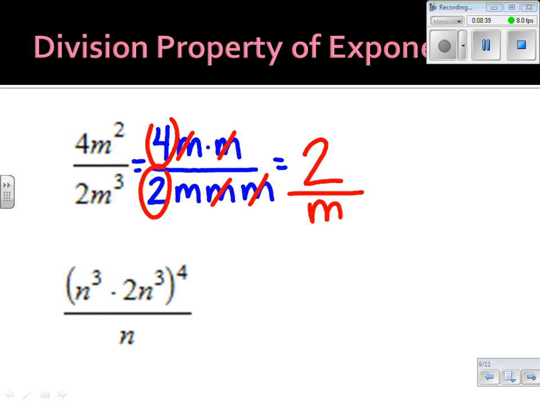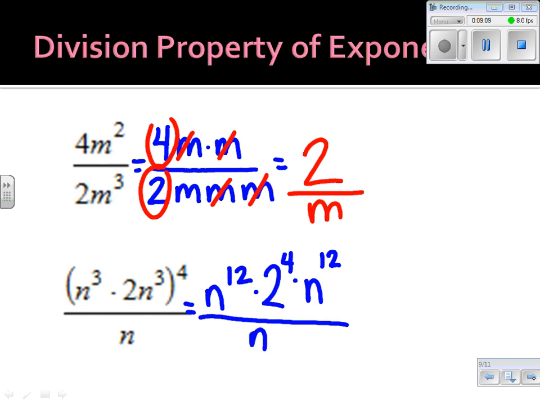In the second problem, before we can use the division property, we first have to use the power property of exponents. This becomes n to the 3 times 4, which is 12, times 2 to the 4th times n to the 12th, divided by n.